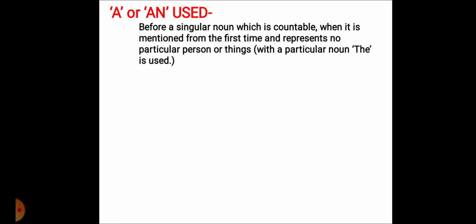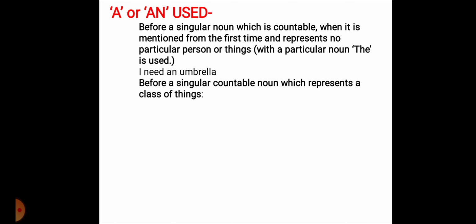Next, a or an is used. Where do we have to use this a or an? Before a singular noun which is countable, when it is mentioned for the first time and represents no particular person or thing. With a particular noun the is used. Where there is no particular one, that time we use a or an. For example, I need an umbrella.